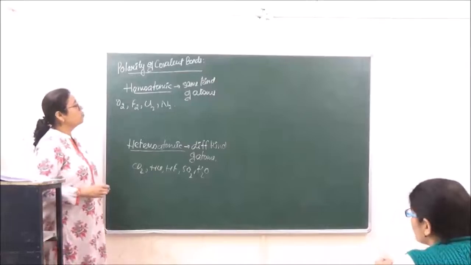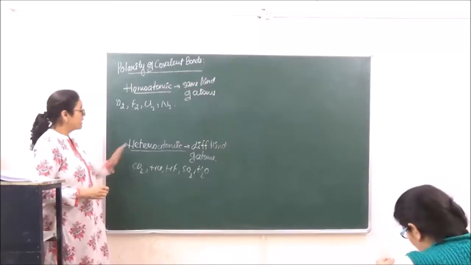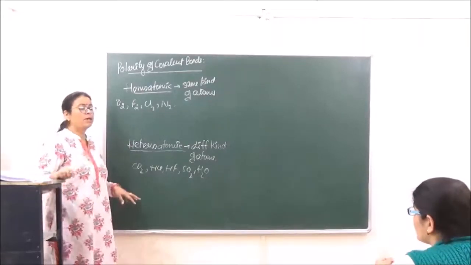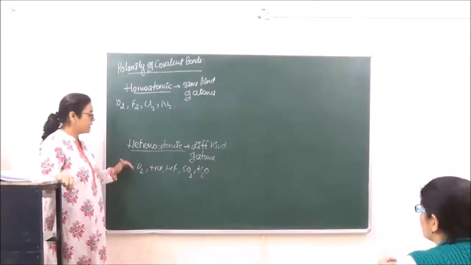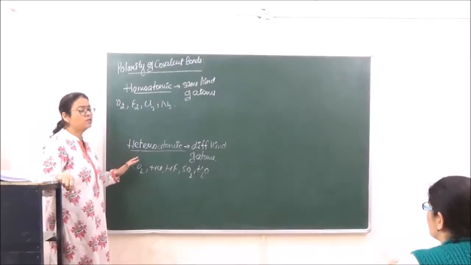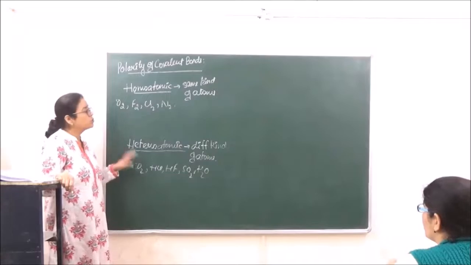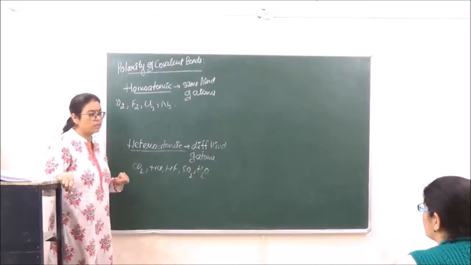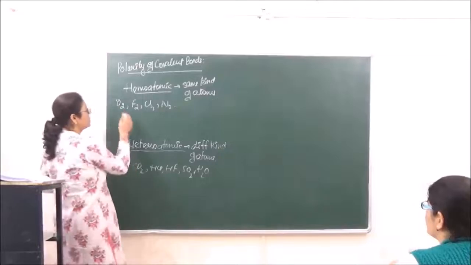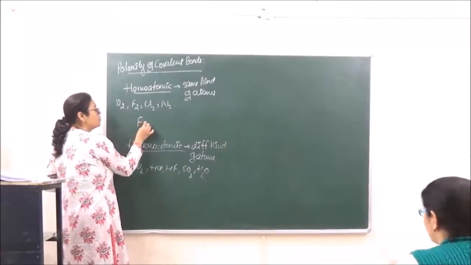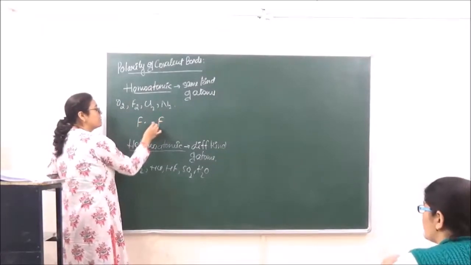Now in case of homoatomic molecules, in fact in both the cases the bonding is done due to sharing. Okay, because we are saying that in both these cases the kind of bonds which are present, they are the covalent bonds. So sharing of electrons is going to take place in order to form a bond, right? So if we are taking an example of say fluorine. In case of fluorine, we know it has 7 electrons.